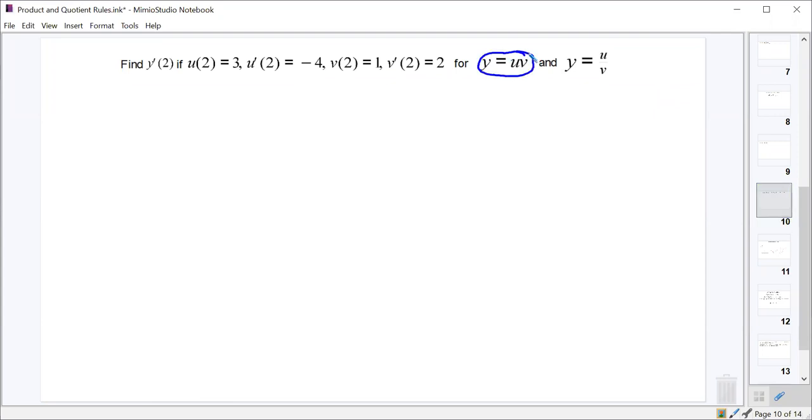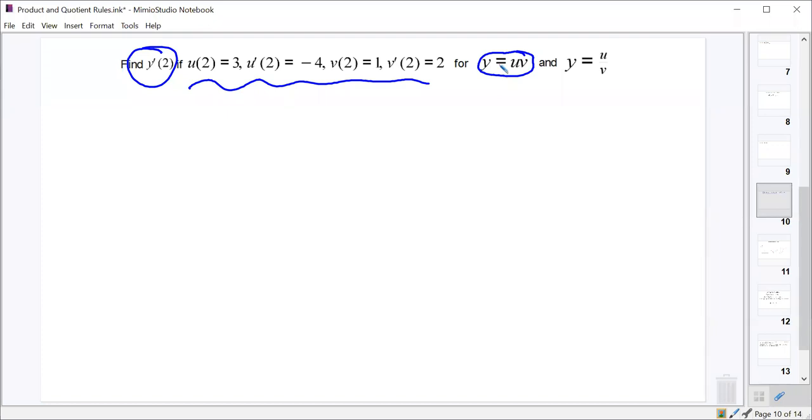And then they say, I want to know what's the derivative of that function at some specific x value. And then they give you all this other information about u and v and the derivative of u and the derivative of v, all at that same x value. So this is pretty straightforward. All they want to see is that you know what the product rule is and can do some basic arithmetic.